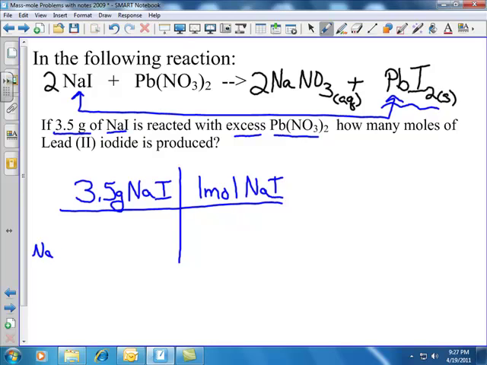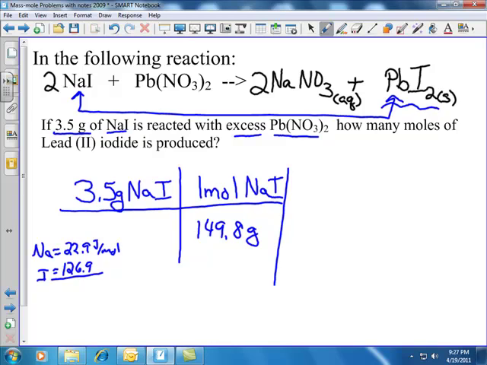Sodium, if you recall, is 22.9 grams per mole, and iodine is 126.9 grams per mole. Adding those two up, I get 149.8 grams. Now if I stopped here, my grams would cancel out and I'd be left with moles of sodium iodide.